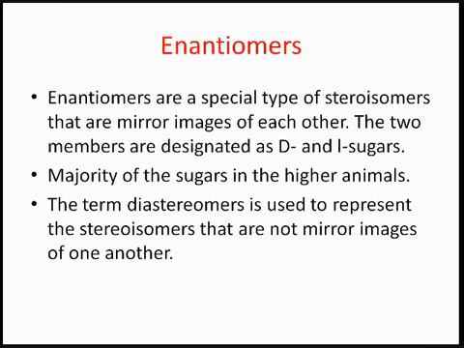So we'll move on to another small topic, which is known as enantiomers. Enantiomers are a special type of stereoisomers. Simply, we can say enantiomers are compounds which are like mirror images of each other. The majority of the sugars in higher animals, including man, are generally present as the D type.